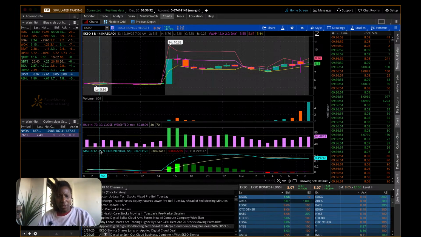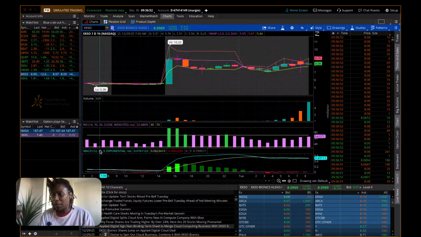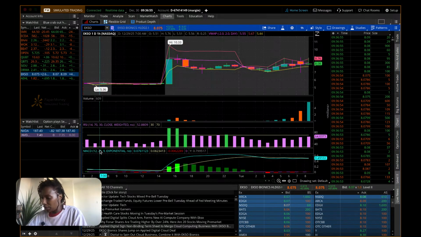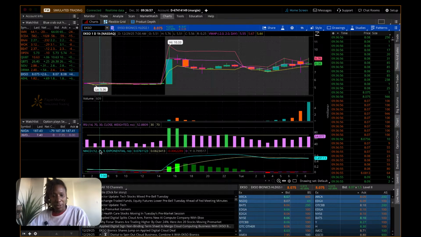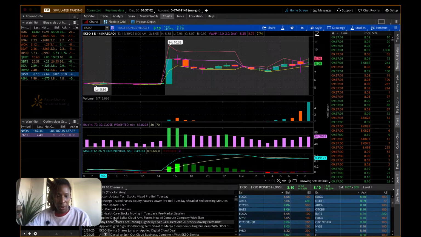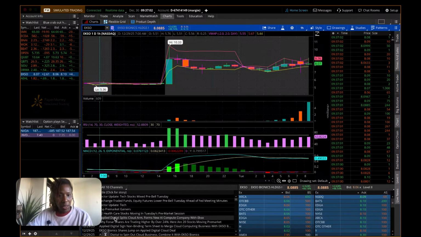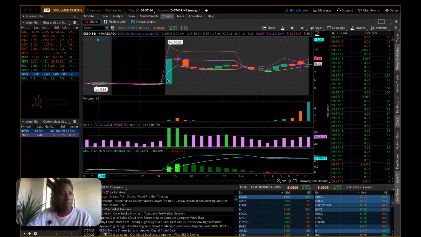ESKO, it was yesterday's continuation from the Applied Digital deal. Applied Digital splits cloud, ARM forms. So that's why I always say buy the rumor, which was yesterday, and sell the news. I don't know what this one is going to do. I haven't really researched this one too much, but let's see what else is moving.